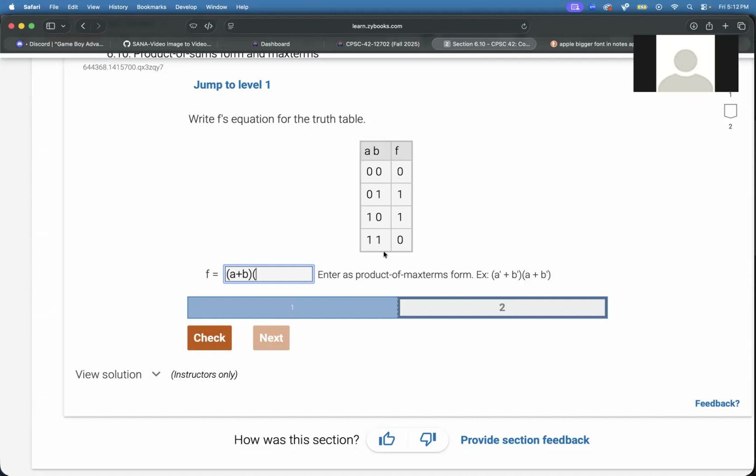So we find the other zero down here, and here it's 1, 1, and the ones correspond to not. So not A plus not B.